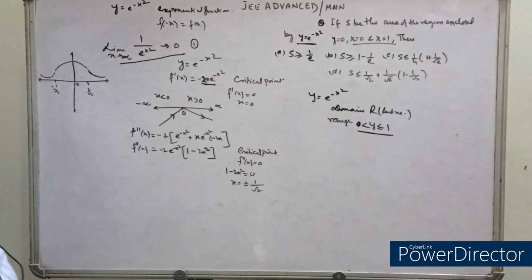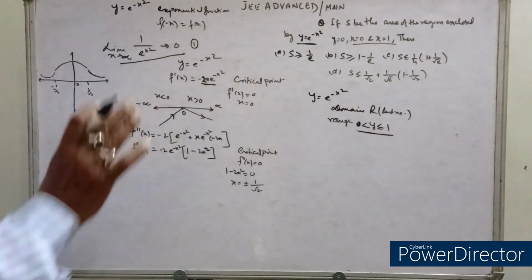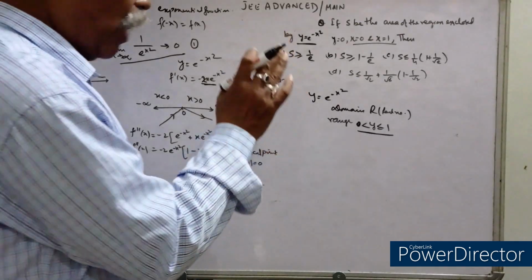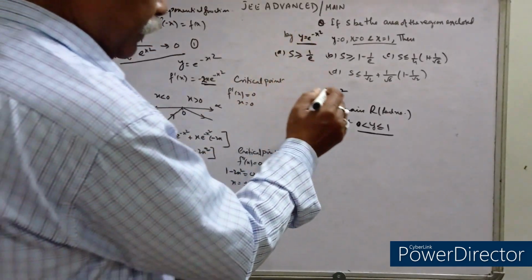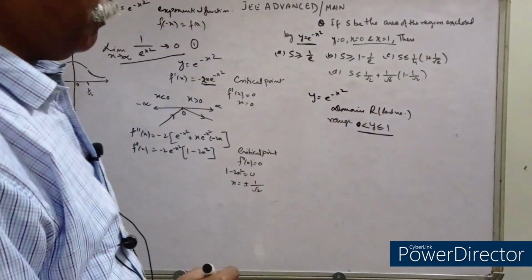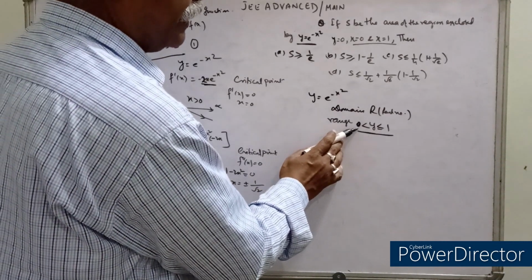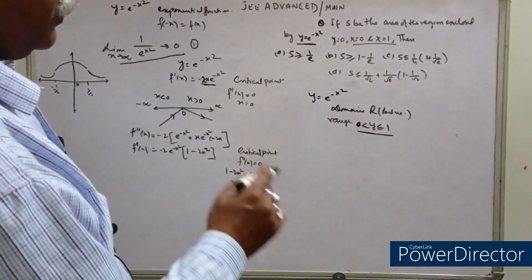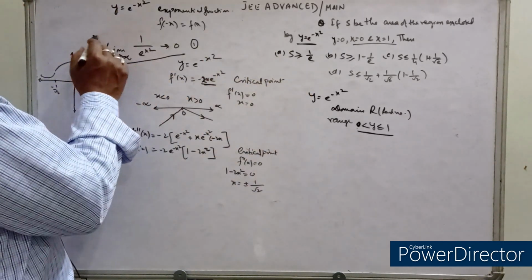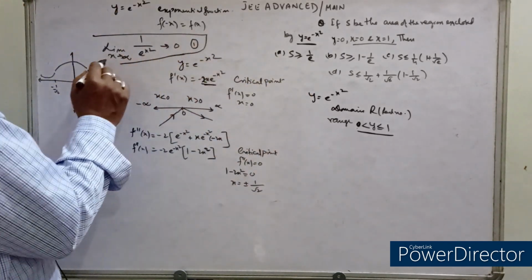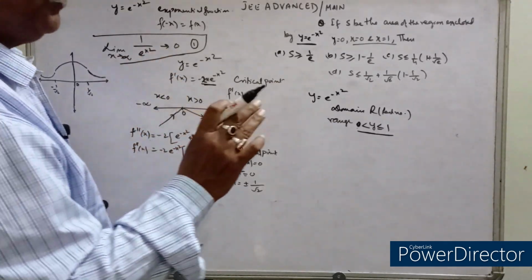This question is very important. So why did I explain this graph? Because with the help of this graph it is now clear that the domain is R, the real numbers, but the range is y greater than 0 and less than or equal to 1, because if x tends to infinity this tends to 0, but you never get 0.